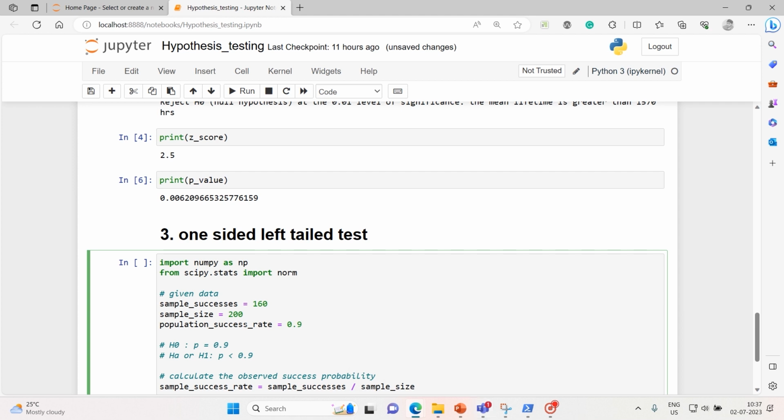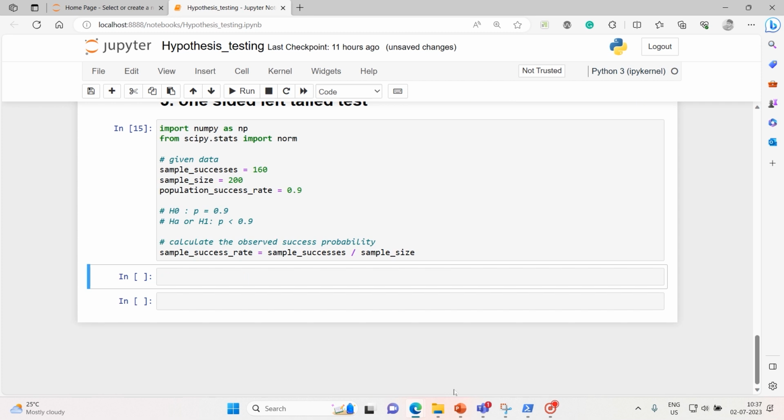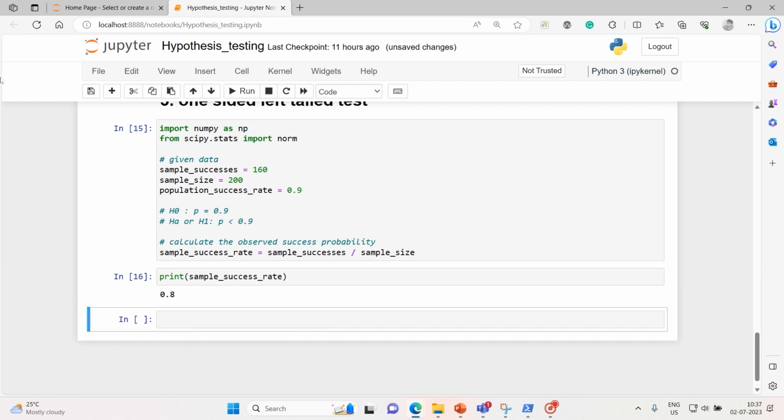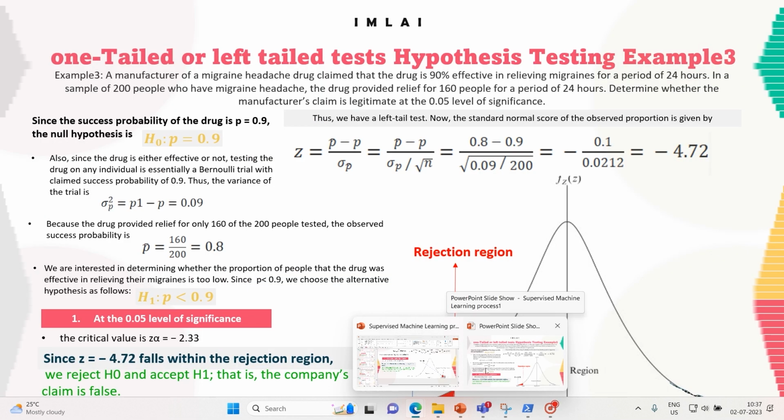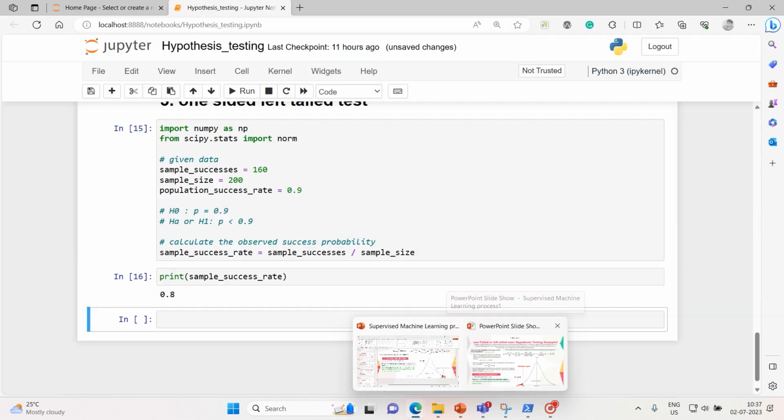This is our population success rate and this is the sample success rate, and let's execute. If you want to see what our sample success rate is, let me print it. It's 0.8, and that's what we got here. The sample success rate is 0.8.